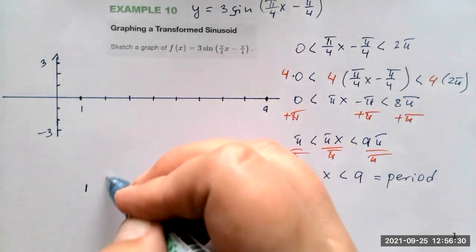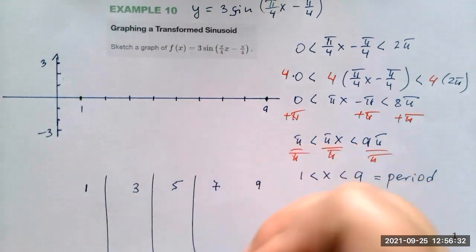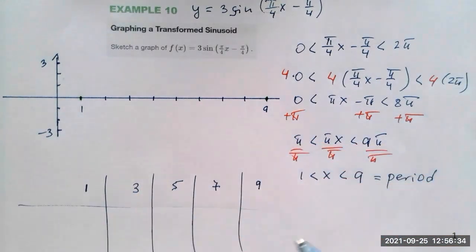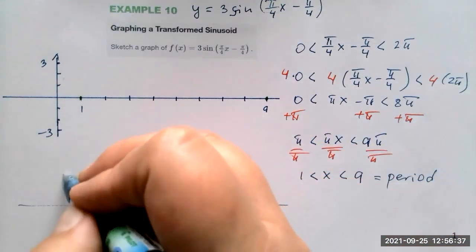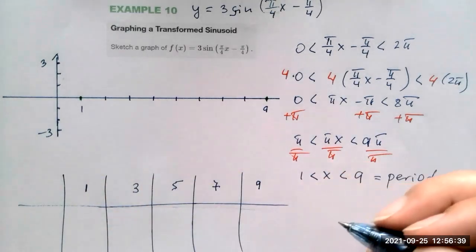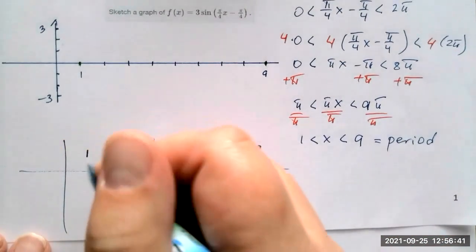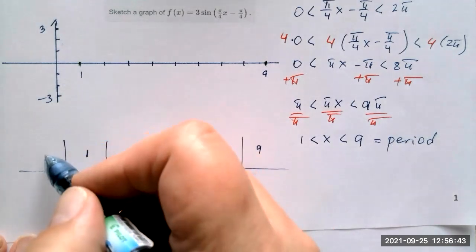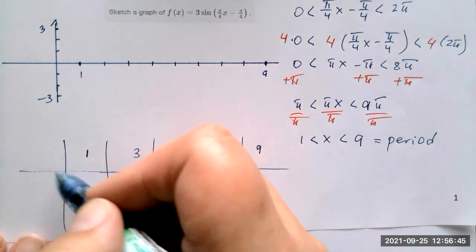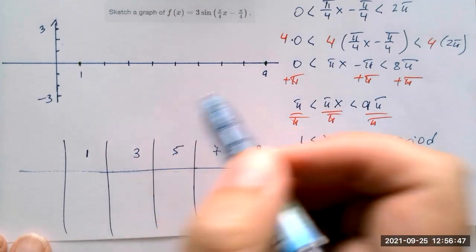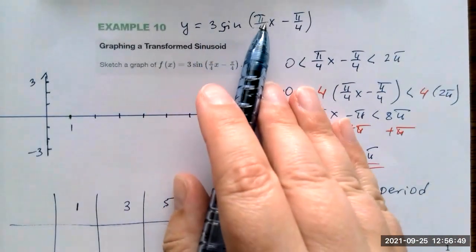Okay, and now I'm gonna use these points to figure out my y values. And so this is gonna be my table. Here I'm gonna see what's happening with our function, what is done to it.